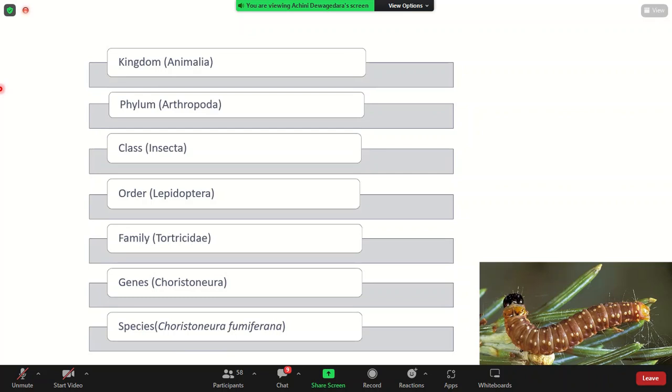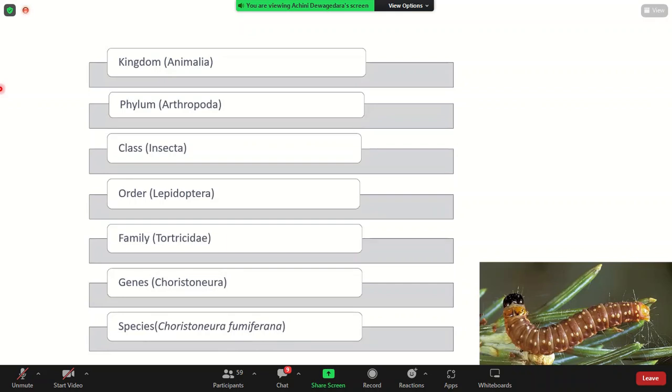Some other features of insects are that they have 3 body segments. We have discussed this earlier, so what we learned in the previous lecture is useful for this lecture, right? They have 3 body segments, generally 3 pairs of legs, and these legs are jointed.